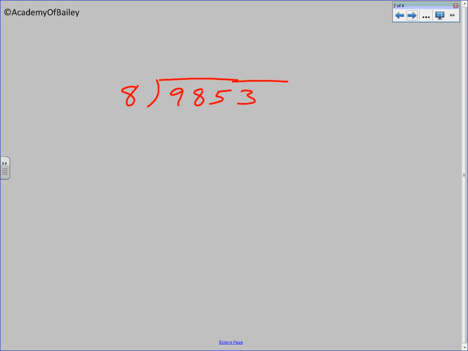If we look here, 8 goes into 9 how many times? Well, 8 goes into 9 once, and then 1 times 8 will give us 8. Once we do that, we are now subtracting. What is 9 minus 8?